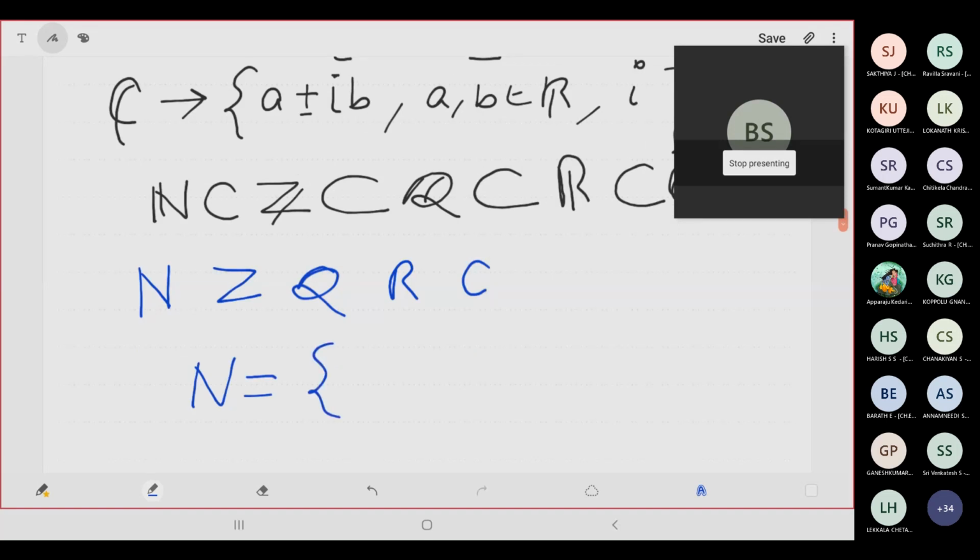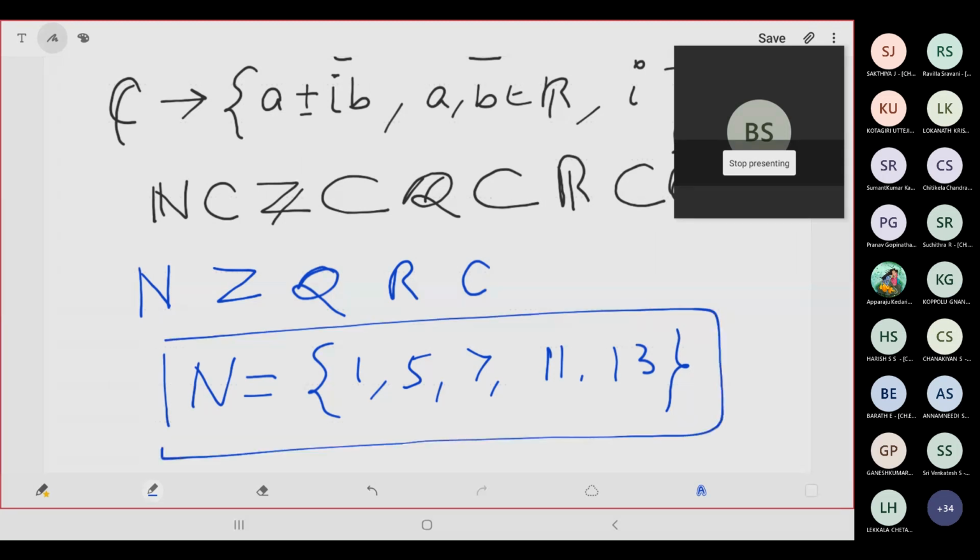Suppose this set is like that: 1, 5, 7, 11, 13. Then you can't denote it with the notation for natural numbers, because this is a particular set of elements from the naturals.